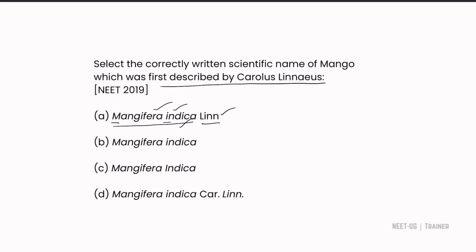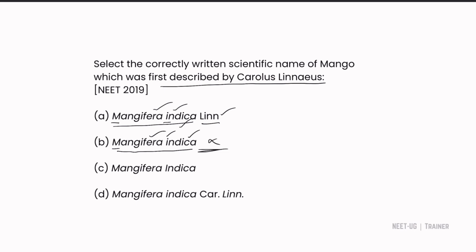Now come to second option. Here genus name is started with capital letter, so this is correct. Specific epithet started with small letter, so this is correct. And everything is italicized, this is also right. But authority citation is missing.